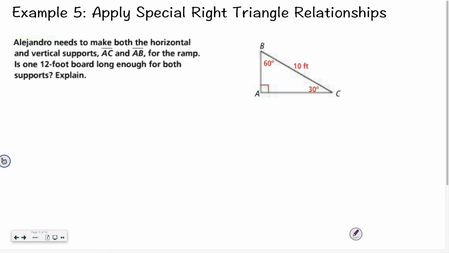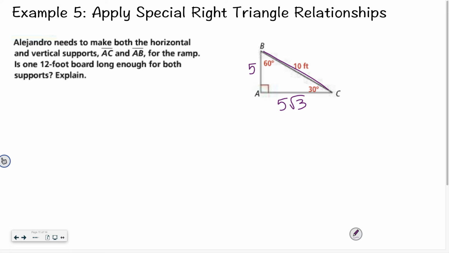So I have a 30, 60, 90, and I'm given the hypotenuse. I know the hypotenuse equals 2 times the short side. So if I divide both sides by 2, I'm left with 5 for the short side. And then I know that the long side is the short side times the square root of 3.